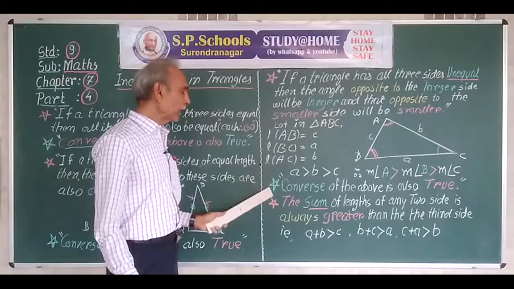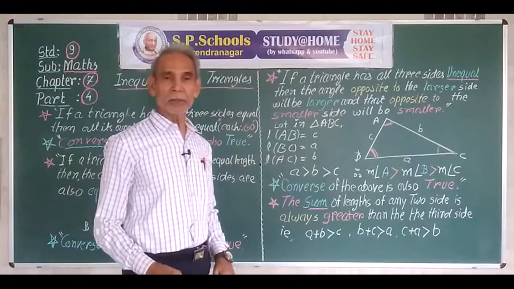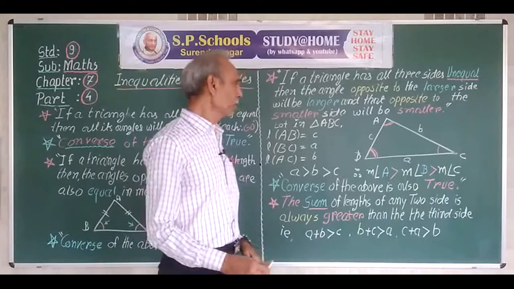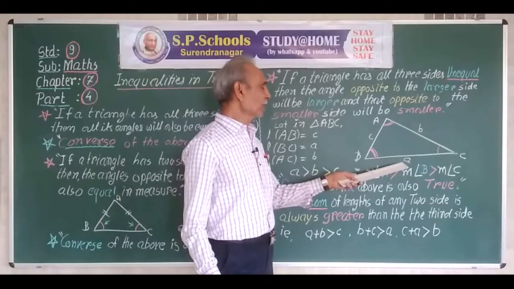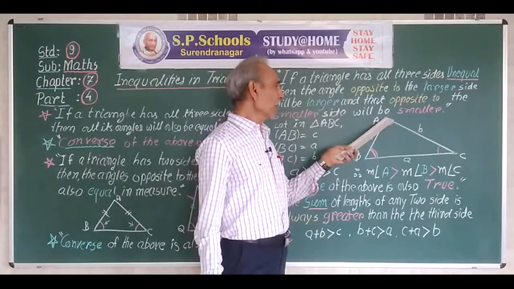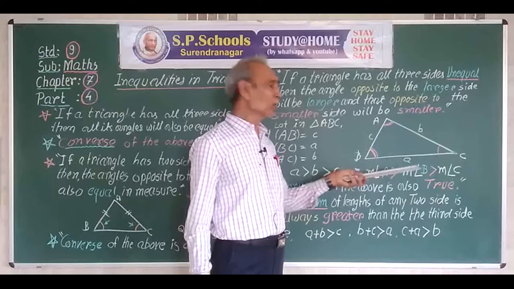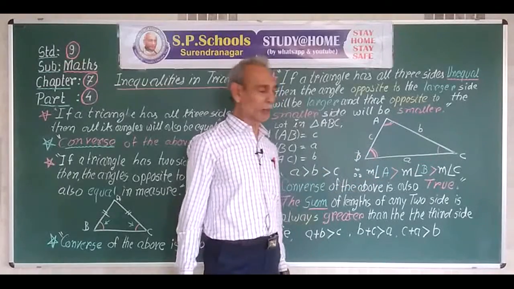Mark this inequality, which is not very difficult. It is very easy. The side opposite to the largest angle is largest, the smallest angle is smallest, like that.